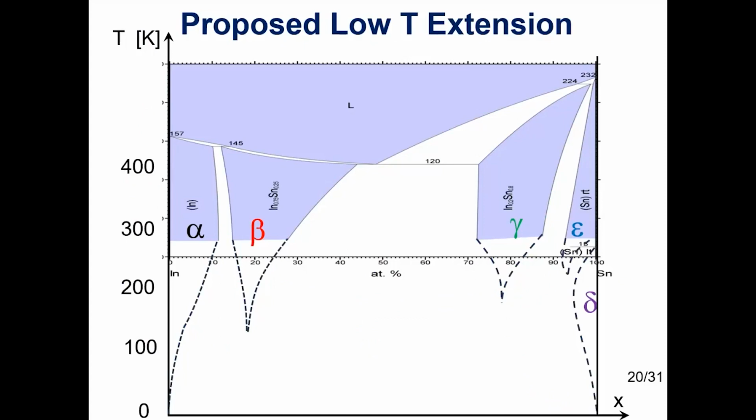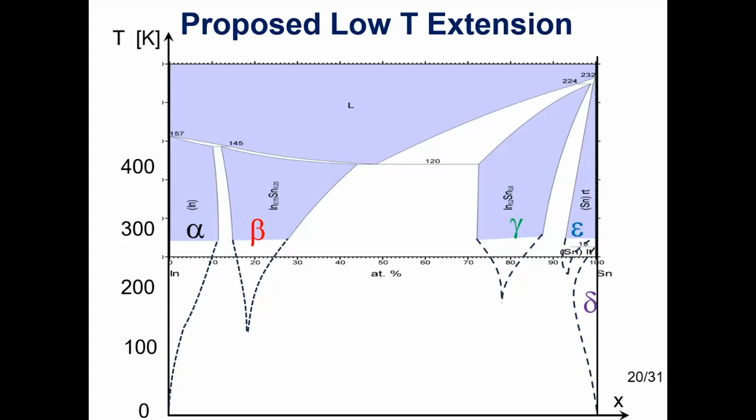This is a fiction in my own mind and is not the result of precise calculation, although the behavior down here is, and the behavior at this point is also the result of precise calculation. Okay, so this is how I propose to extend the American Society of Metals phase diagram from 0 centigrade down to 0 Kelvin.